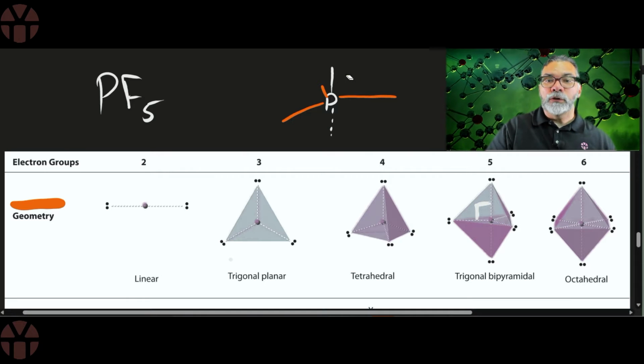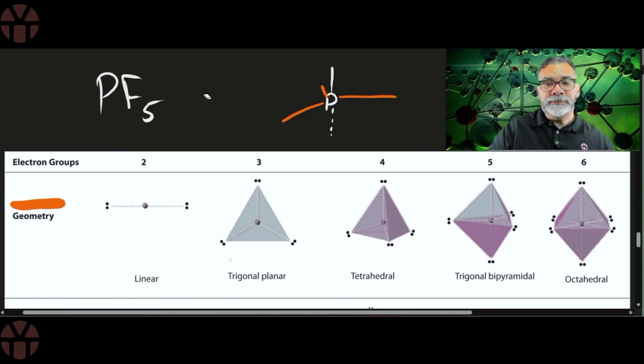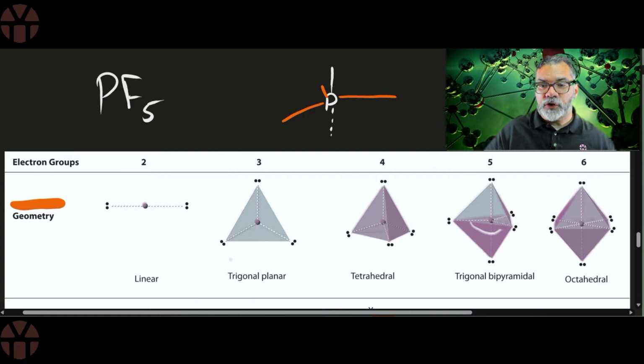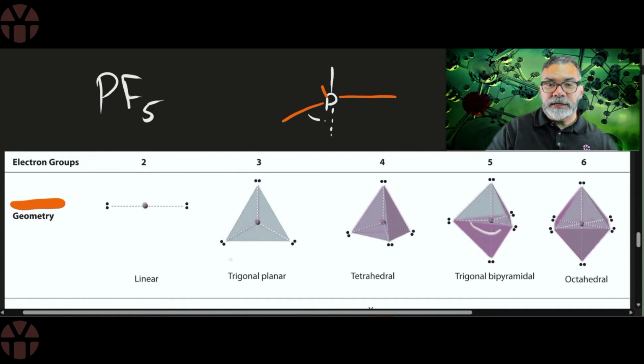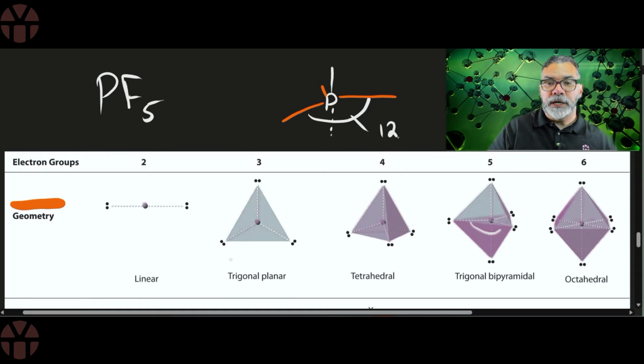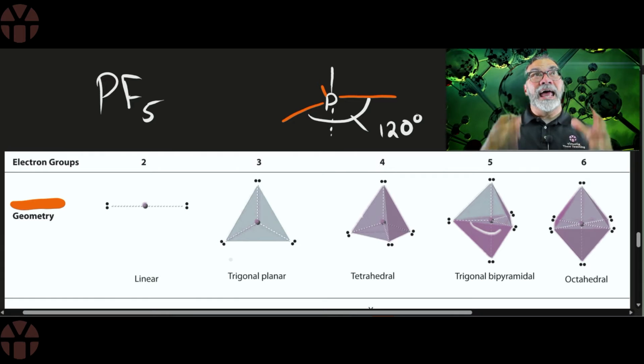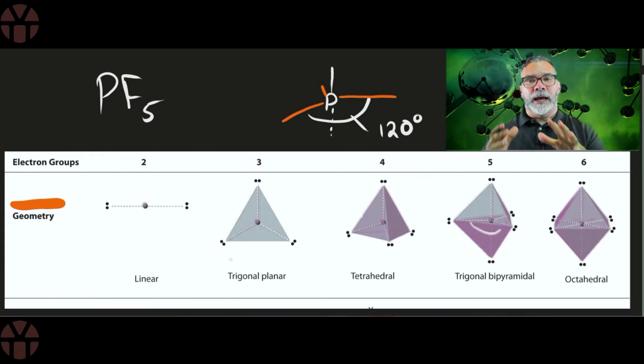But if you look closely, it seems like in the middle of this structure I actually have a triangle, which means that this angle here is going to be 120 degrees. Now, does that mean that every single angle on the trigonal bipyramid is the same?